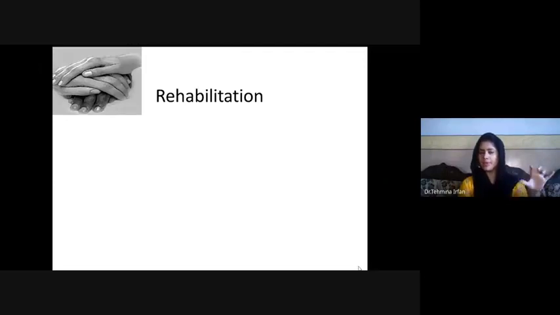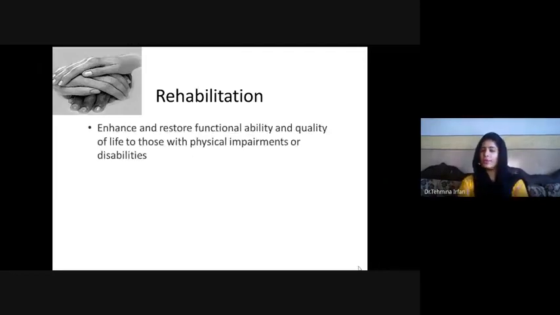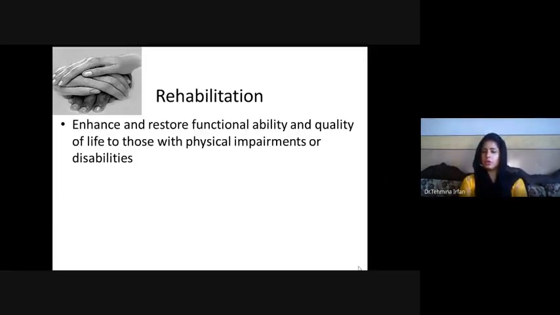Then the most important thing is rehabilitation. Community based rehabilitation is the portion we are going to cover in the post mid syllabus. Rehabilitation is much concerned with physical therapists, psychologists, nurses, and other healthcare providers, and it is a very important role of any healthcare provider. Rehabilitation enhances and restores functional ability and quality of life to those with physical impairments or disabilities.